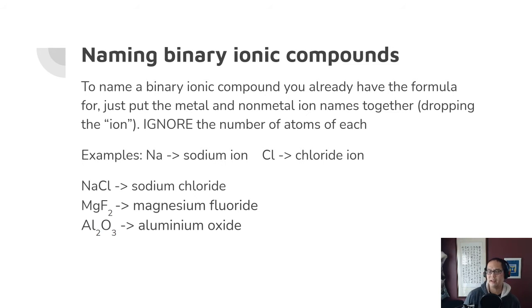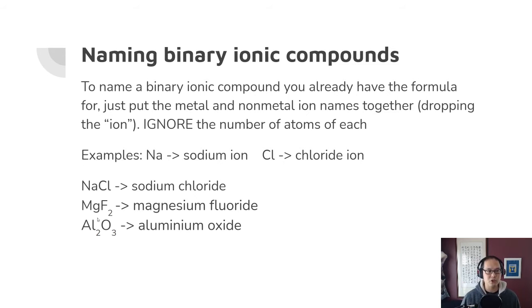Can anyone think of why you don't need to note the number of atoms, or why the number of atoms is always going to be the same? The reason is that every one of these metal and nonmetal ions has a given charge, and so they're always going to form in the same ratio, because your ionic compounds always have a net charge of 0.